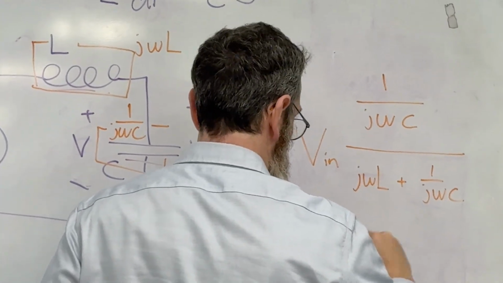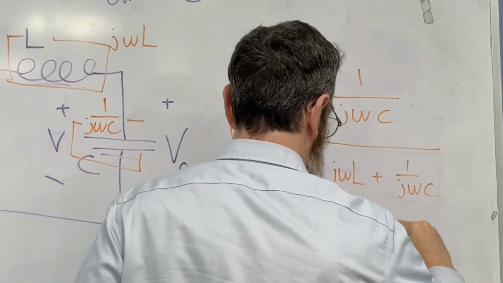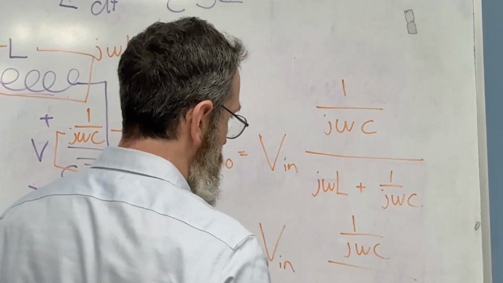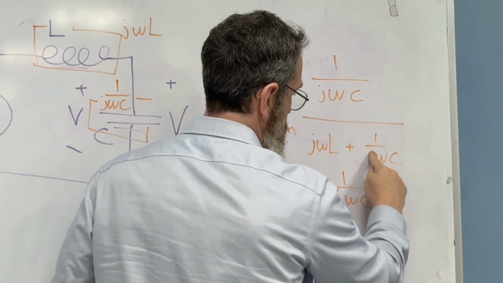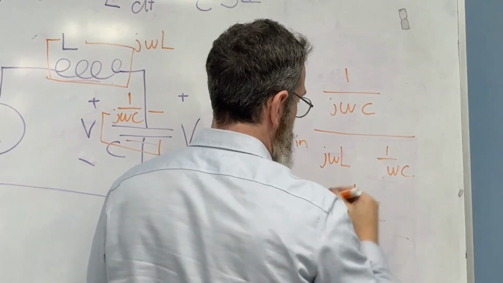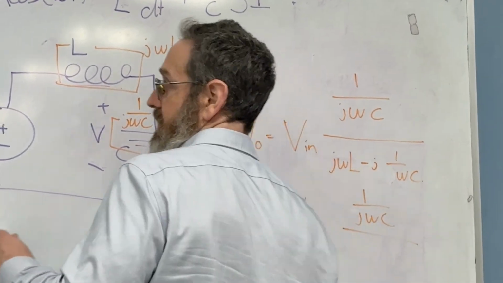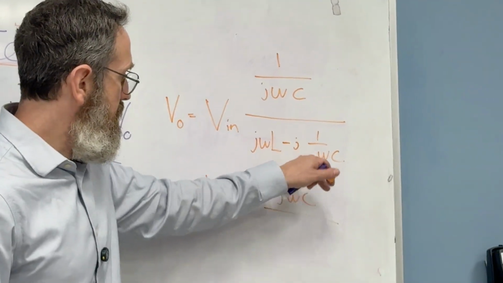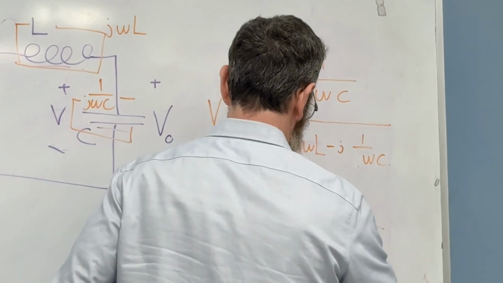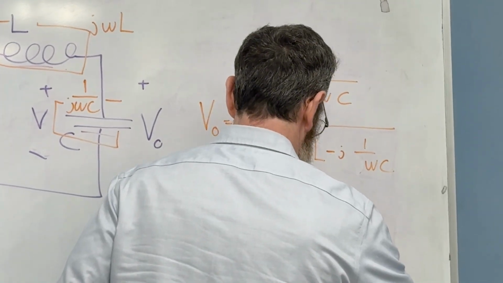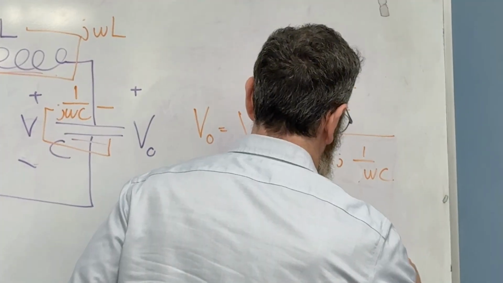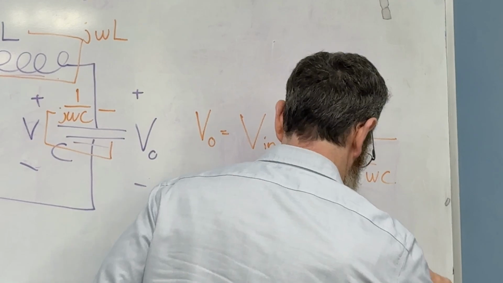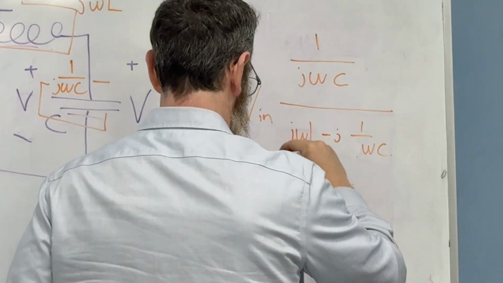I'm just going to do one little thing with 1 over jωC. I'm going to take this j and put a negative here, minus j. Remember I said I could do that here? Okay? I want to get the j up here because that allows me to pull the j out and write ωL minus 1 over ωC. Right?